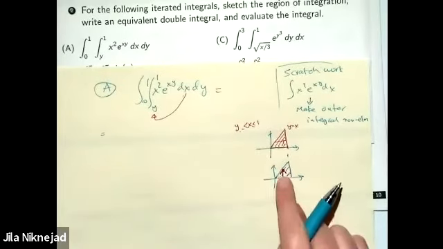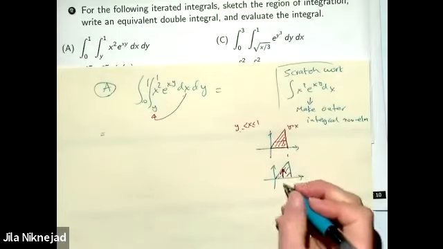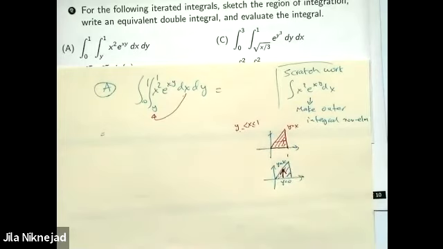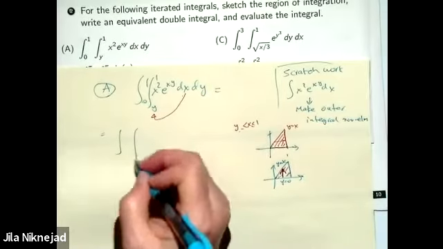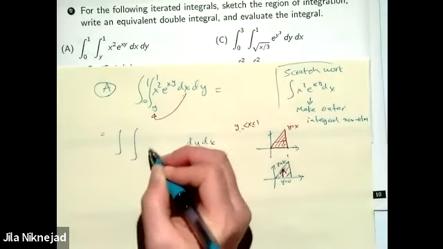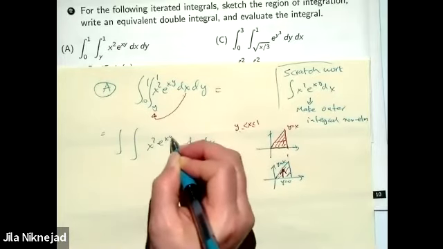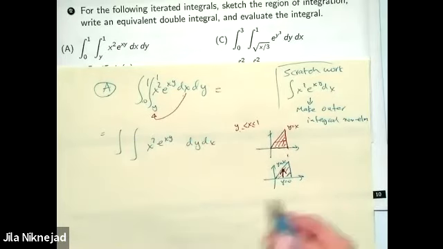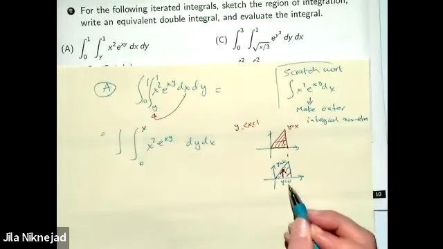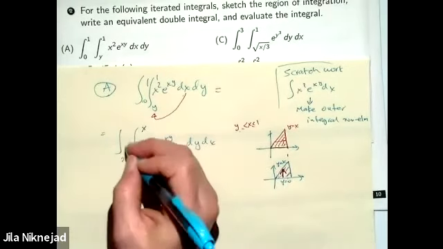So the arrow is going to change that way. How is this? This is y equal to 0 on the bottom, y equal to x on top. Solved in terms of y. So I changed the order for y to be inside, x to be outside, and y goes from 0 to x, and x goes from 0 to 1.